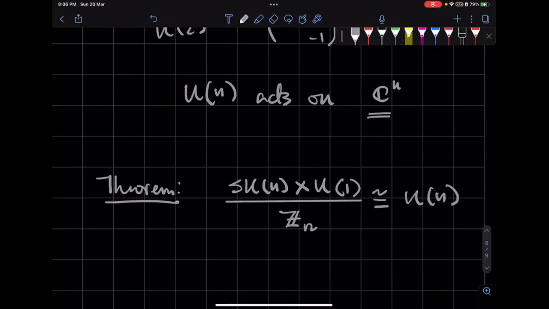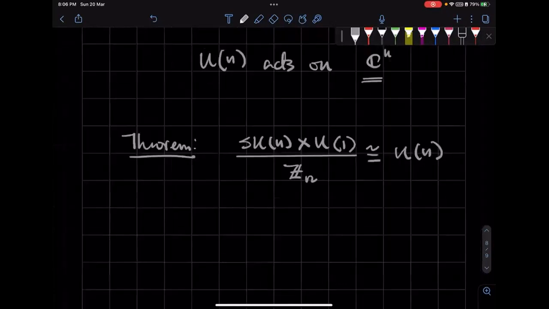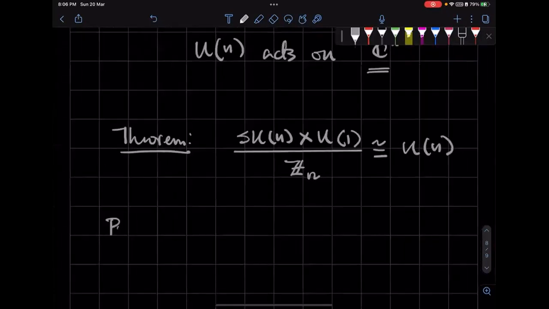Okay, so this is the relationship. And the proof is very easy. So it's a special case of the exam problem, I guess. Or the general case of the exam problem, yeah.